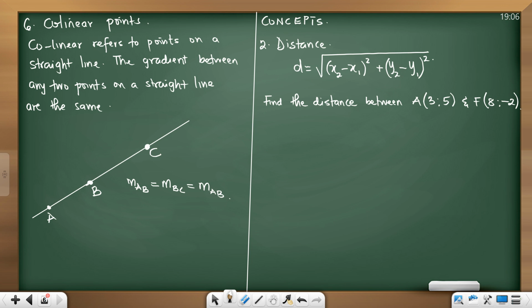Find the distance for me. Just substitute. Share your answers.